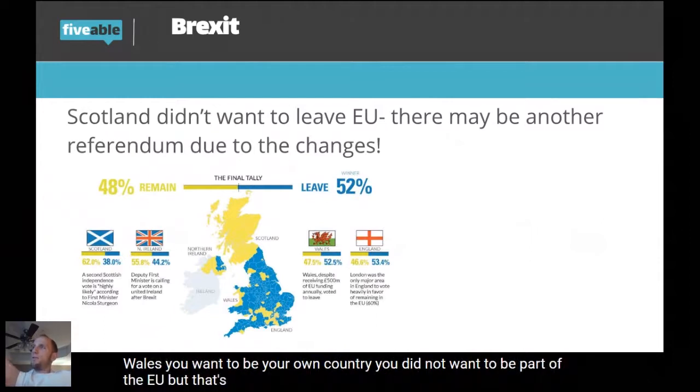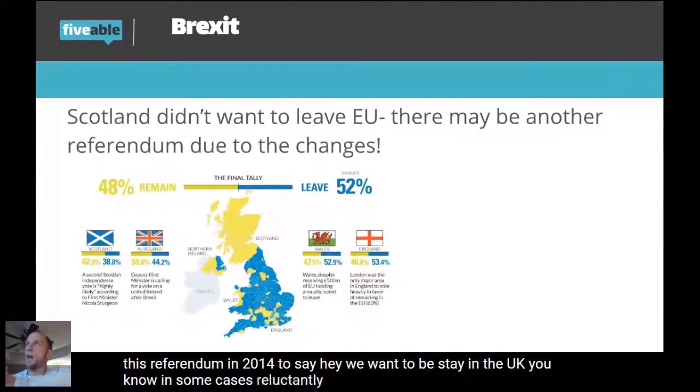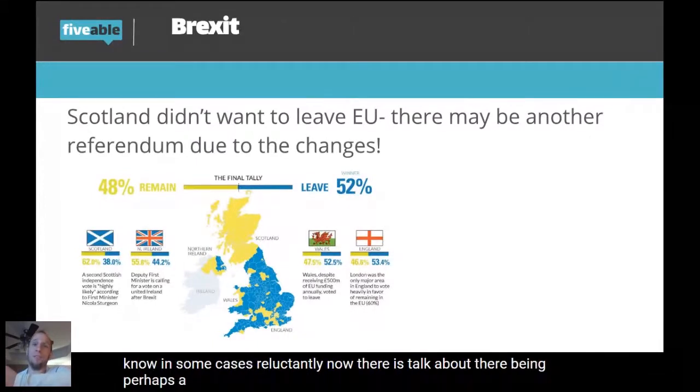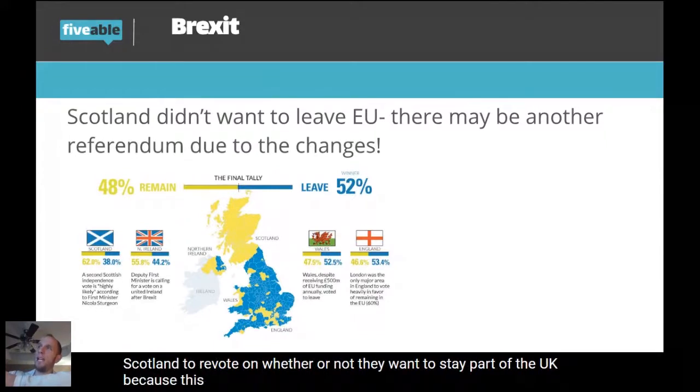But that's interesting, because now that the Scottish held this referendum in 2014 to say, hey, we want to stay in the UK, in some cases reluctantly, now there's talk about there being perhaps another referendum later down the road for Scotland to revote on whether or not they want to stay part of the UK, because this could possibly be a game changer for many Scots.